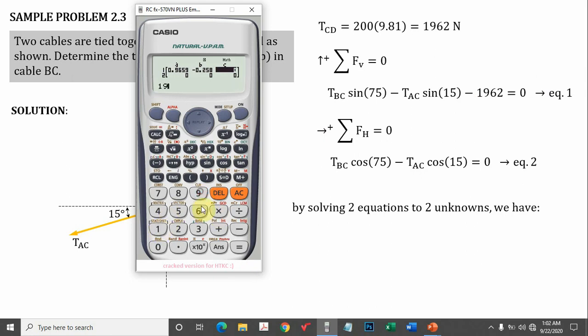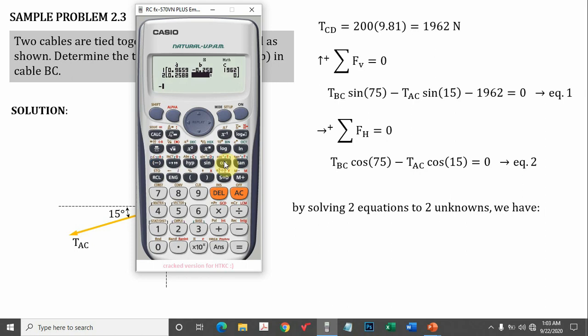Okay, so 1962. And then, ito namang yung ating equation 2. What is the coefficient of tension BC? That is cosine 75, and that is positive. Okay, so cosine 75 lang siya. And then, yung tension AC natin, yung coefficient dyan, that is negative cosine 15 degrees.